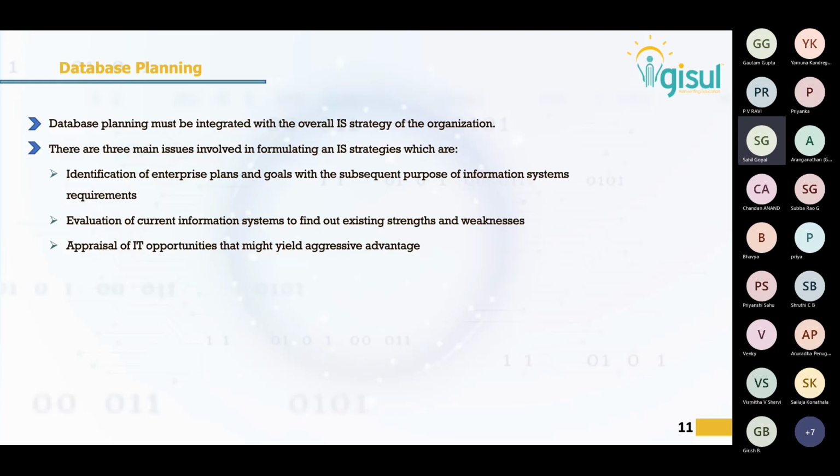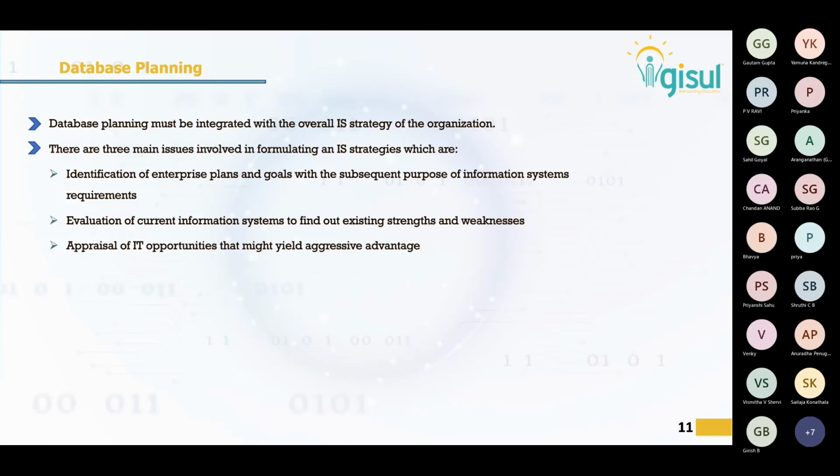Let's say an organization which is an IT company, an organization in manufacturing, or any organization in the retail sector, different kinds of organizations can be there. Now, when it comes to the enterprise, there is going to be a plan of the enterprise when they are implementing certain systems. So identification of those plans is the first thing.